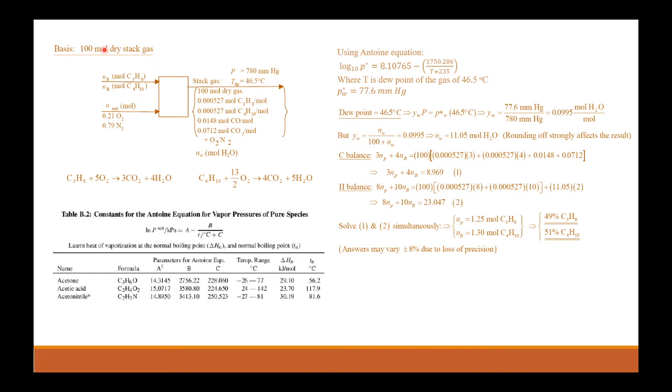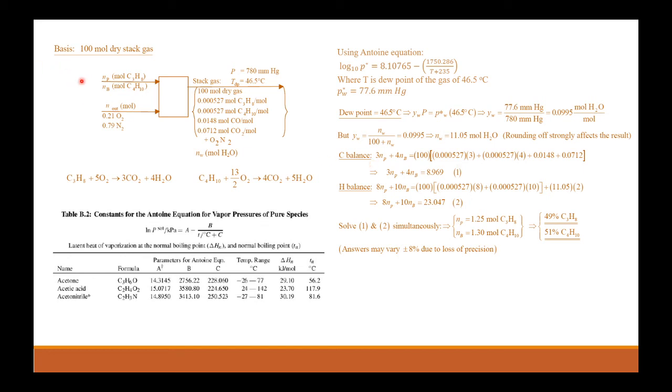Now we want to look for NP and NB, right? So I hope you remember your elemental balance. If not, please refresh. We will do elemental balance for the elements C and H. Same thing: whatever number of moles of C goes in equals the number of moles of C that goes out.